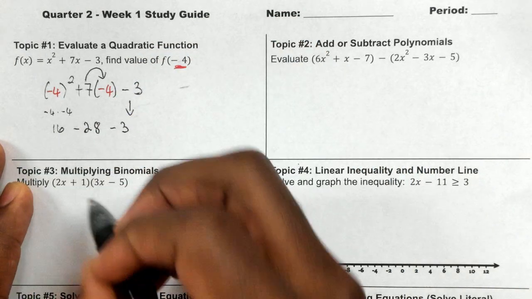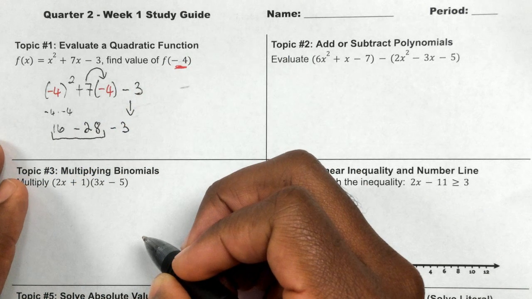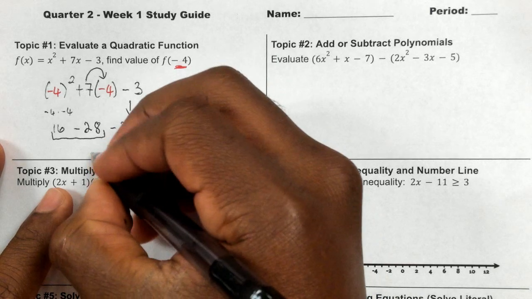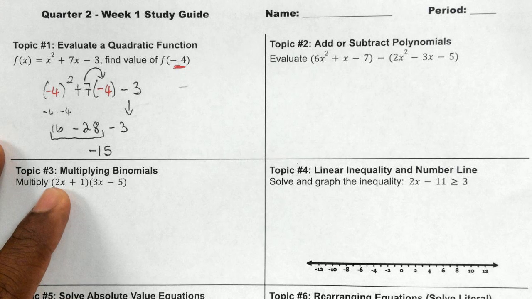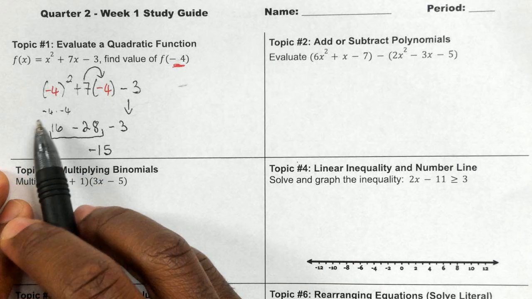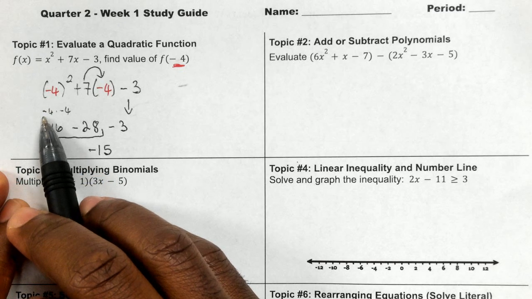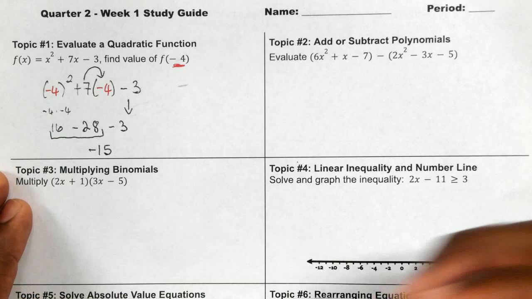So now I'm going to calculate 16 minus 28 is a negative 12, and negative 12 minus 3 is negative 15. So again, if there was a number in front of this parentheses, you'd also multiply it, but you have to remember that a negative 4 times negative 4 is why we got a positive 16.